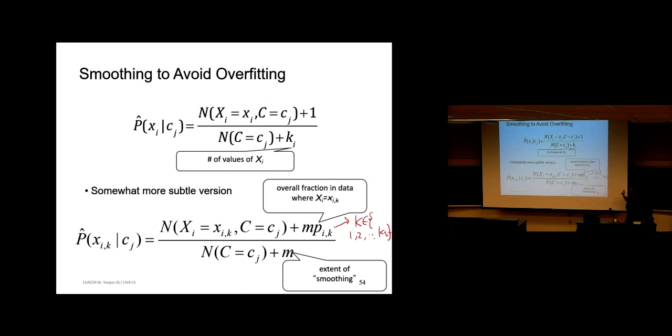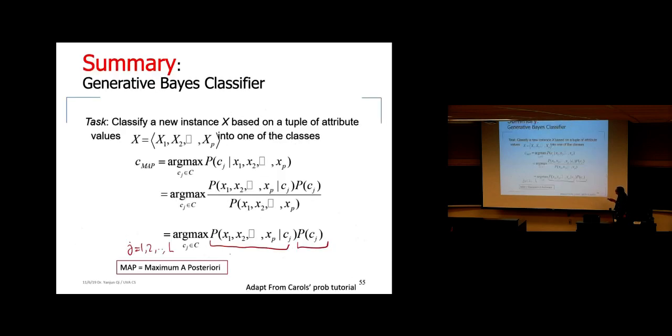There are many types of smoothing, like Laplacian smoothing, and this is a very big topic in information retrieval and natural language processing.